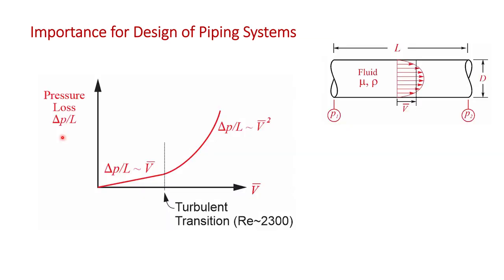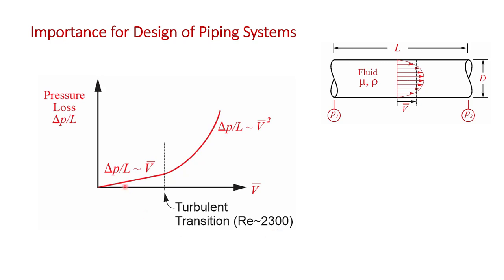One of the other parameters that we're interested in Lab 2 is the pressure loss along the pipe. And so you're going to be measuring the pressure loss over a length of pipe as a function of the velocity of the pipe. And here I've shown the approximate velocity for turbulent transition corresponding to a Reynolds number of 2300.